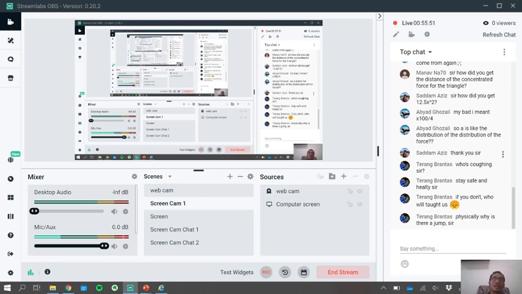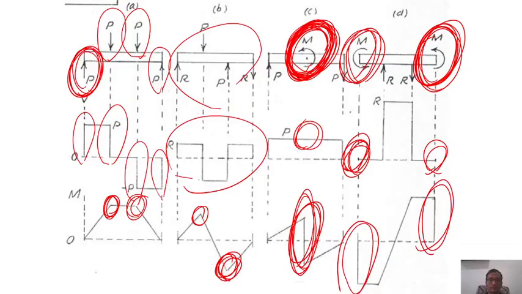Actually, you can explain it by yourself if you try to cut it there. Okay, for example, it's too messy here.